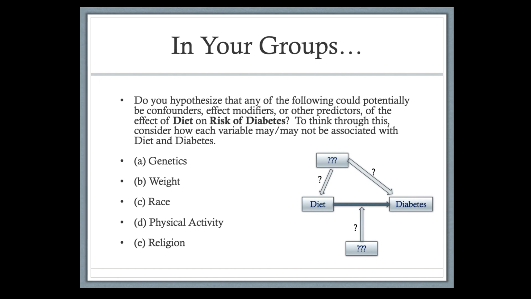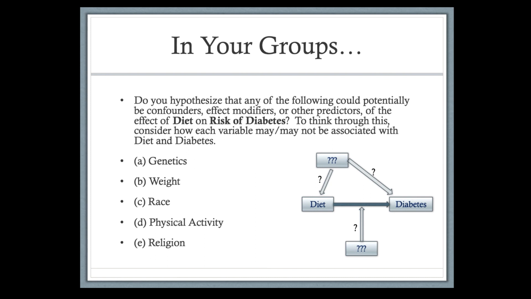You can make an argument that maybe there might be certain genetics that make you not be able to tolerate eating wheat or dairy or something like that, but this is a weak association and it doesn't exist for that many people, right? It's not very common. So I would think the association between genetics and diet is weak at best, probably non-existent. Okay, so it fits the bill as being a predictor of diabetes, not really as a confounder.